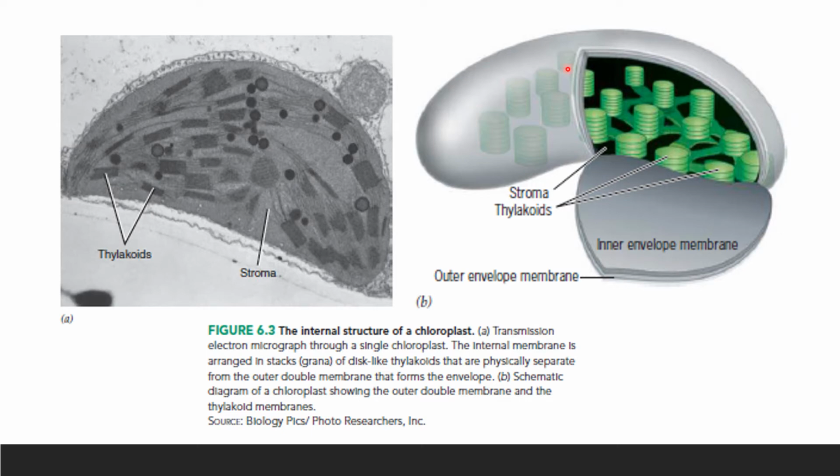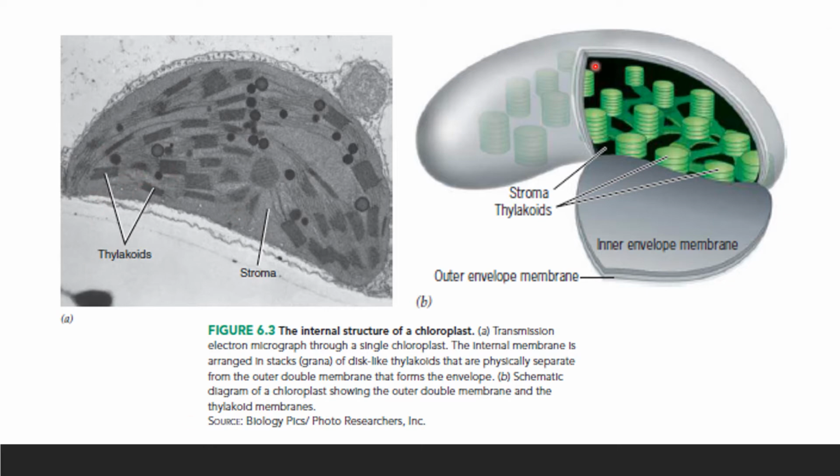In here, figure 6.3a shows the TEM image of the chloroplast wherein the internal membrane is arranged in stacks, or what you call the grana of disc-like thylakoids, and the shape of the chloroplast, which is lens shape. Inside you will see the stroma and then the thylakoids.